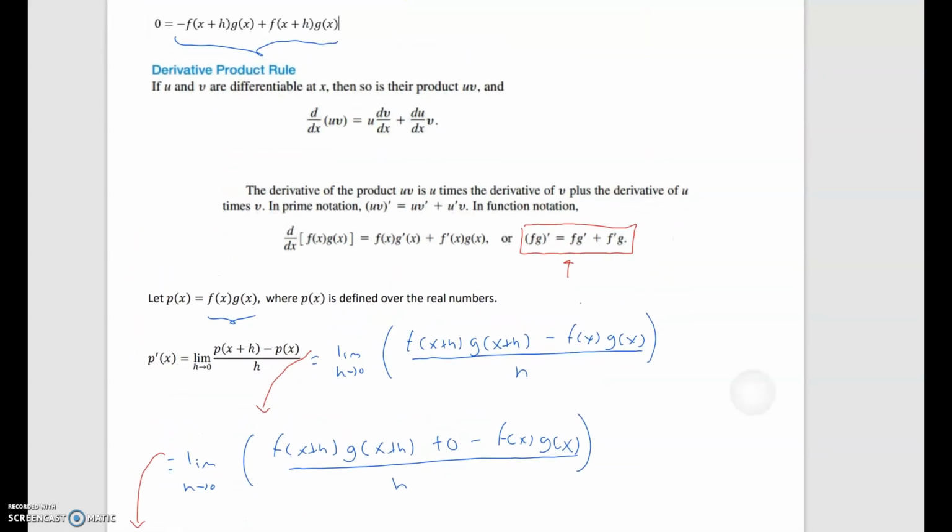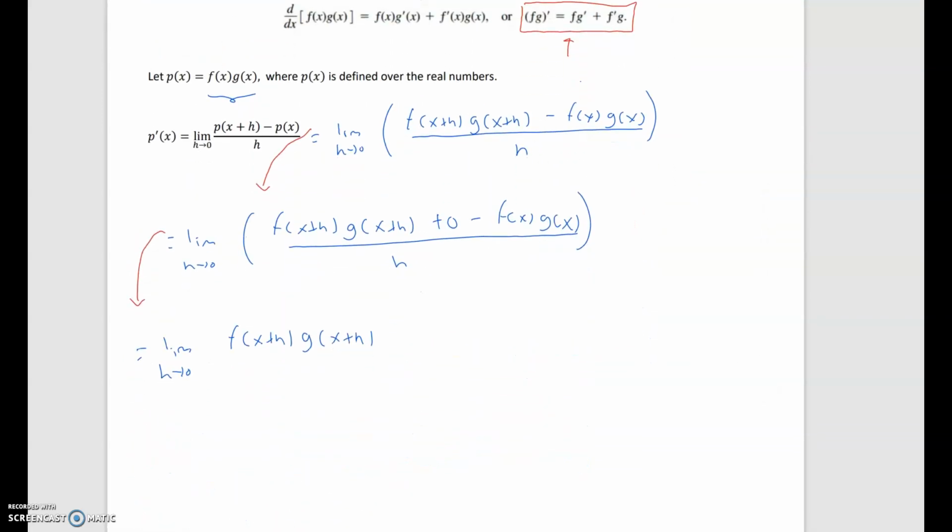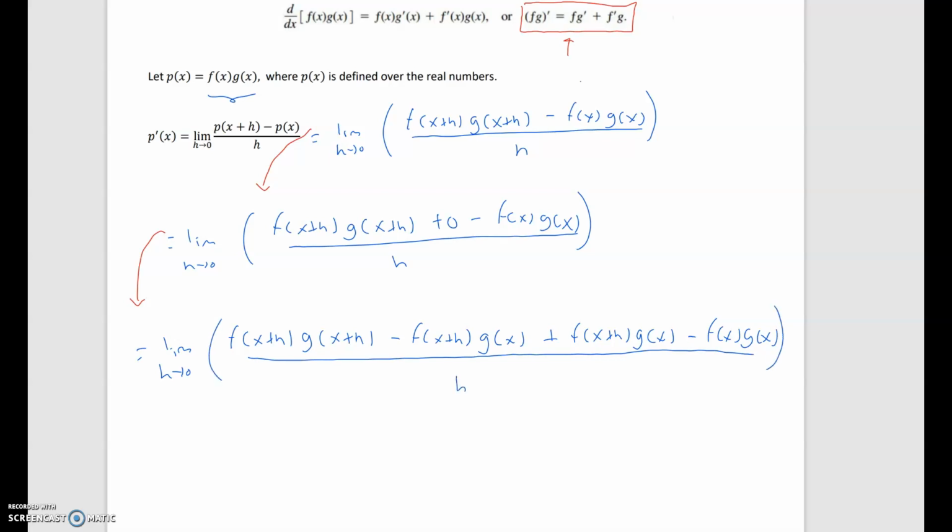So it's negative f of x plus h, g of x, and then plus f of x plus h, g of x, and then we have this being subtracted by the actual f of x, then the values of g of x. And then all of this happens to be still over h. Technically, there's a parenthesis here.